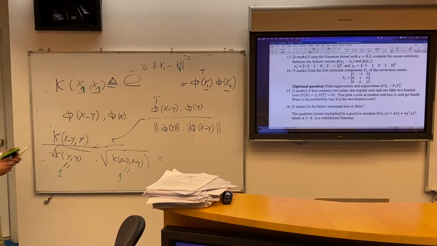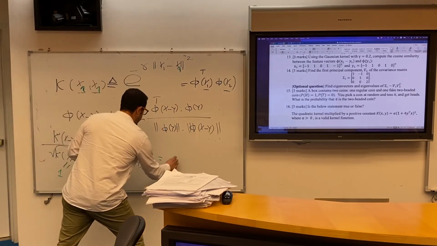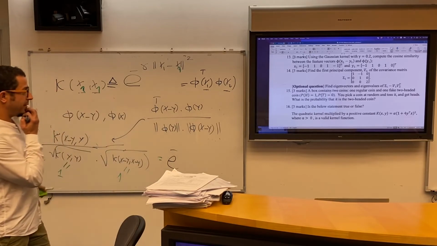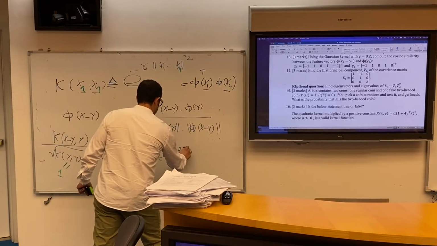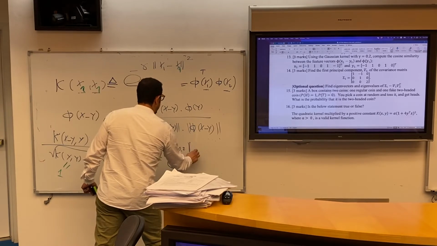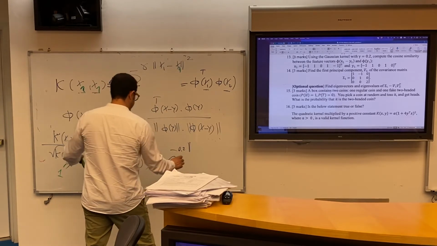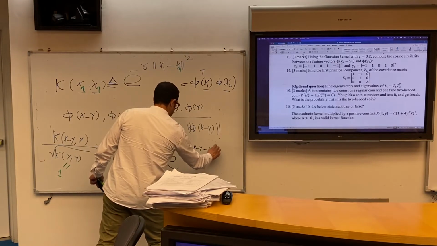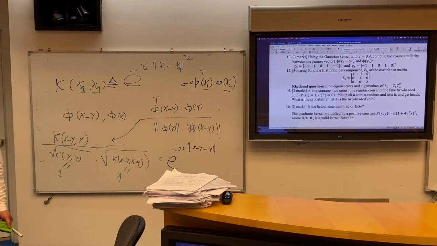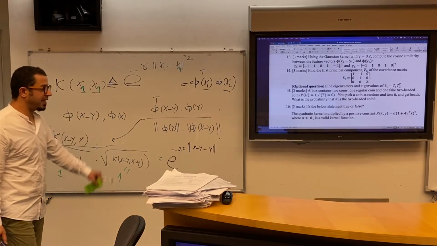How to calculate this one here, please? Exponential of, it was 0.2 times the distance between x minus 1 and y. So we have to calculate this one.